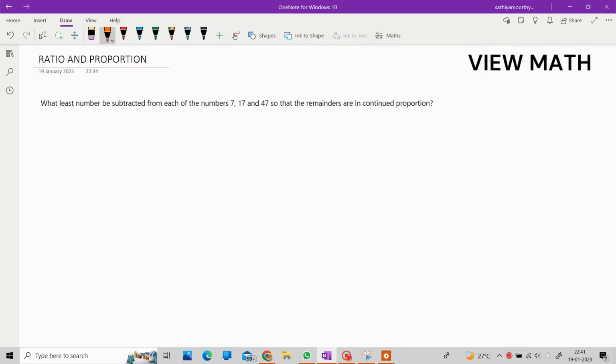Now let's see the next problem. What least number be subtracted from each of the numbers 7, 17 and 47 so that the remainders are in continued proportion?